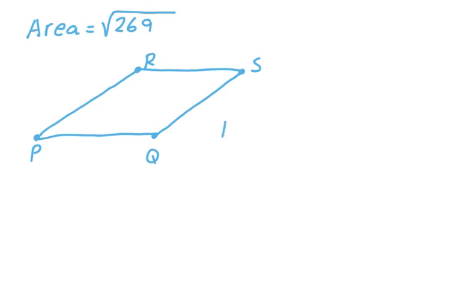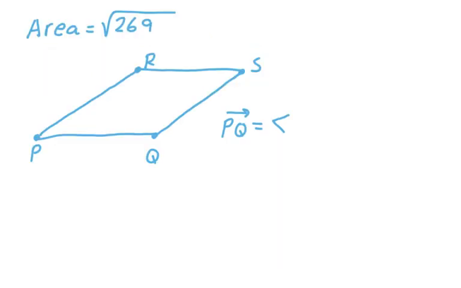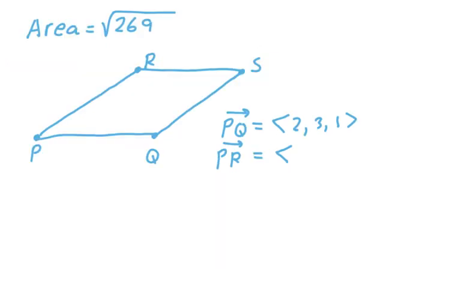Now, the vector PQ, okay? If we go back, PQ is the vector 2, 3, 1. Now, I want to look at the vector PR. Now, PR is going to be 6, 5, 6. So if I take the cross product of PQ with PR, what do I get?